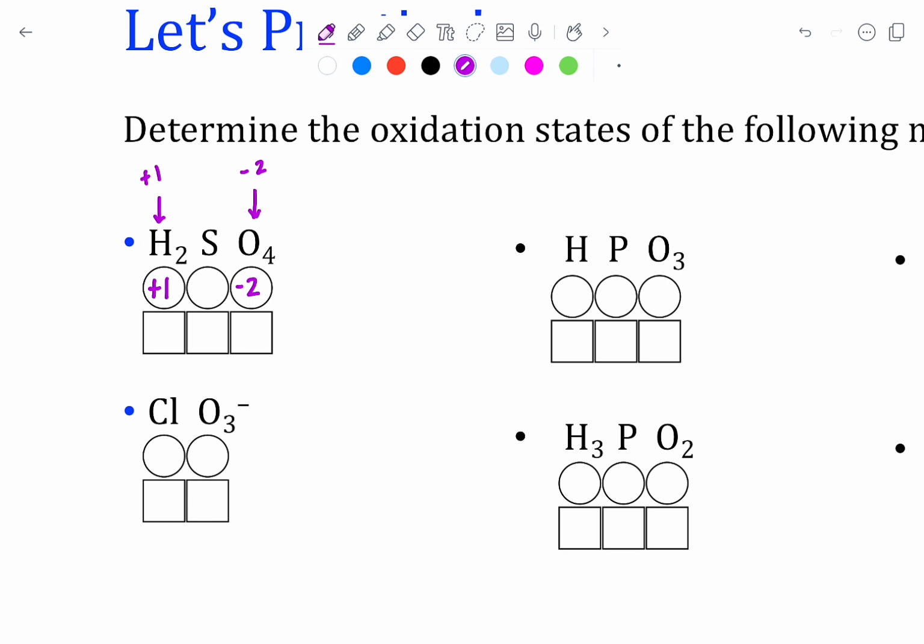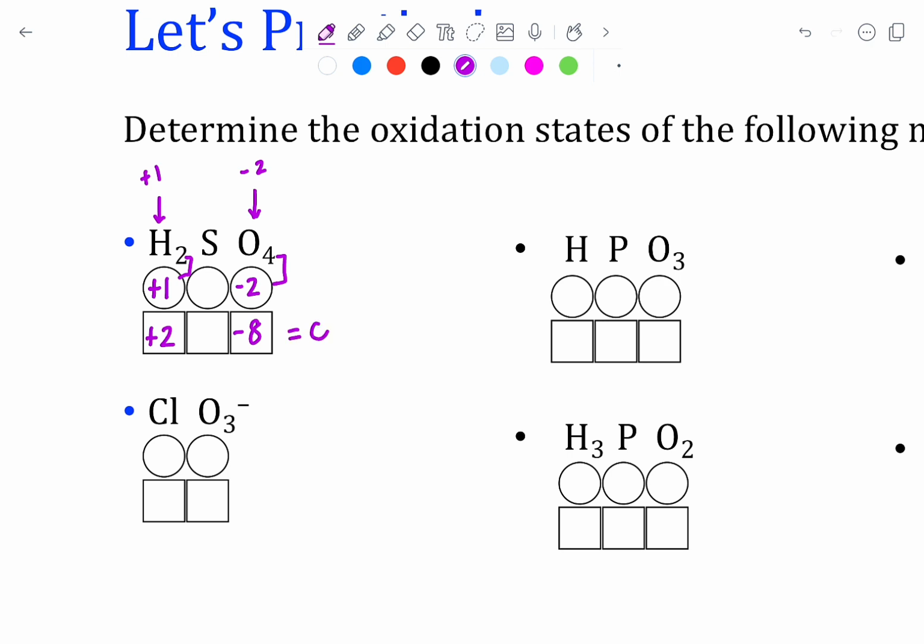Since there are 4 oxygen atoms, the overall contribution would be -8. So we take that subscript and we multiply it by the individual oxidation number. The same would then go for hydrogen. We would take that 2 and multiply it by +1 because the overall contribution of all hydrogen atoms is +2.